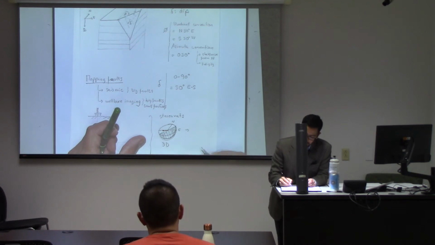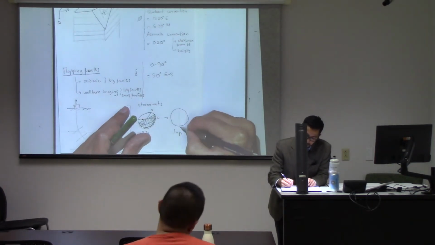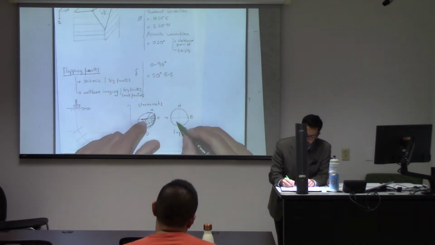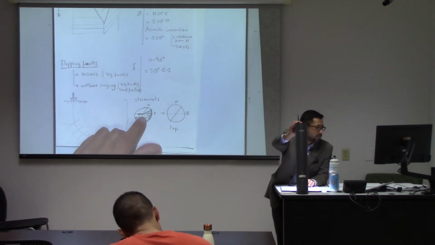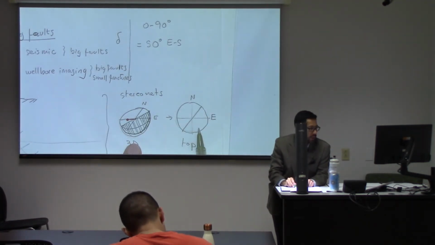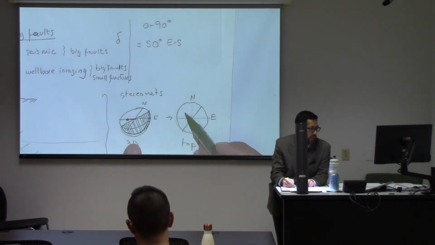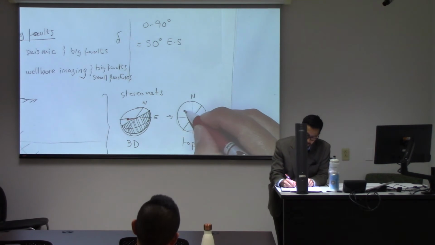So this 3D, if I have a top view, this is going to be the north, this is going to be the east, this is going to be the plane. It dips into this direction, and so a line perpendicular to it is going to touch the lower hemisphere projection in a point somewhere over here.